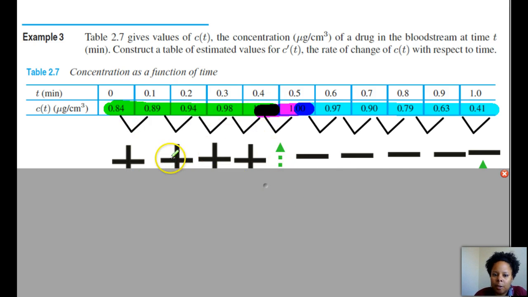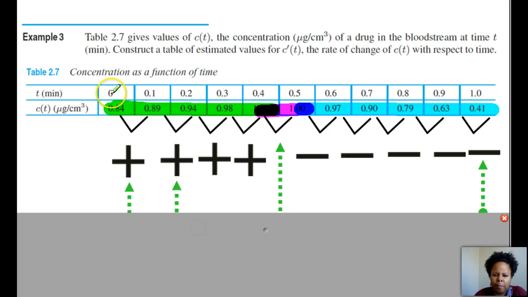And then if we take a look over here at the change, you see the biggest decrease seems to be between 0.9 and 1.0 minutes, whereas the biggest increase seems to be between 0 and 0.1 and 0 and 0.2.